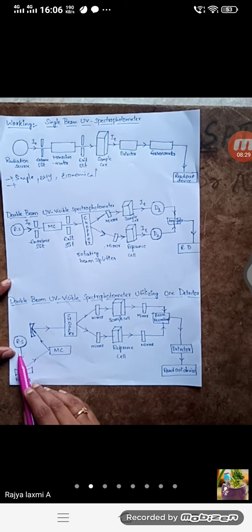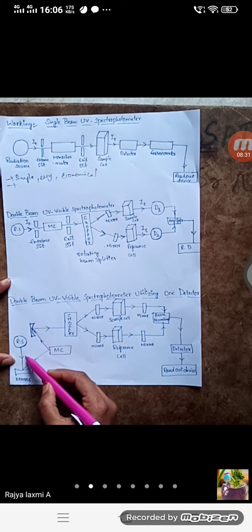Same here, see, the radiation source, first a mirror is placed, and from the radiation source the beam passes through the monochromator. Again here another mirror is there. From this it passes through the chopper, and from the chopper one beam passes through the sample cell and another beam passes through the reference cell. Again mirrors are placed.